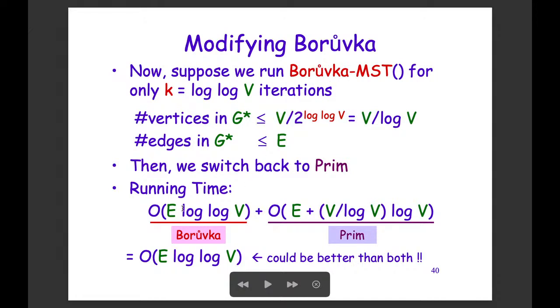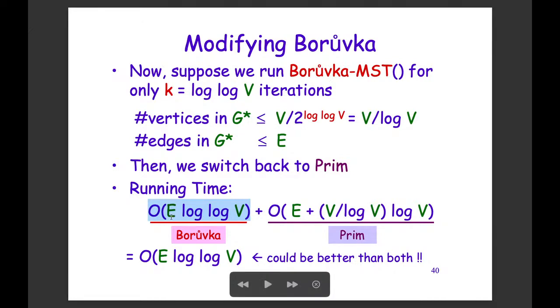We run Borůvka for only log V rounds. The purpose of this is that by running this for log V rounds only, the number of vertices is already reduced. So after that, when the vertices are reduced, we can switch back to Prim's algorithm, so that this is the performance of Prim's algorithm. It depends on the number of vertices multiplied by log V. So when we run it for log V rounds, we don't spend a lot of time using the original Borůvka as we run it until the end.